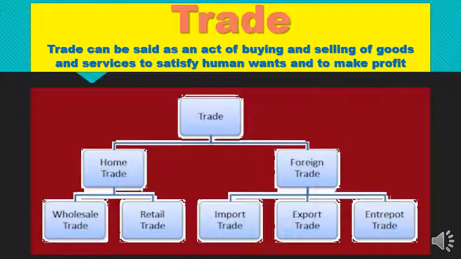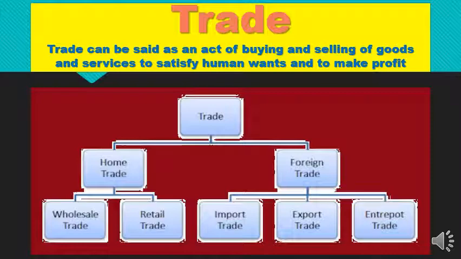Home trade is a trade that takes place within a particular country. For instance, any trade that takes place within Nigeria, between Lagos, Ibadan, Oyo, Kano, Kaduna, Adamawa, Jos, and so on. All these are home trade.